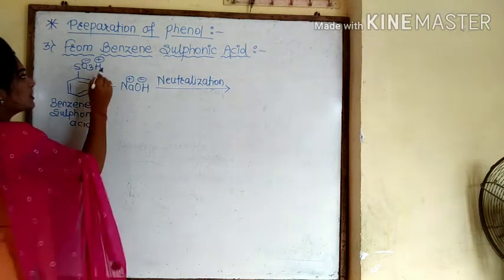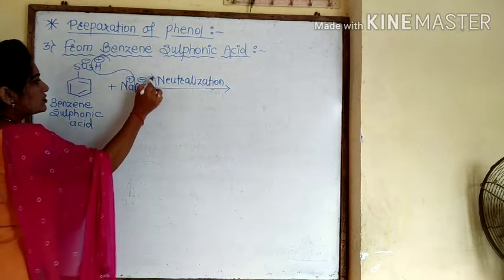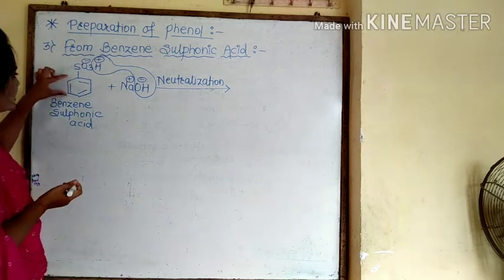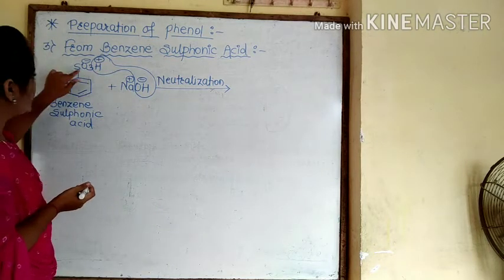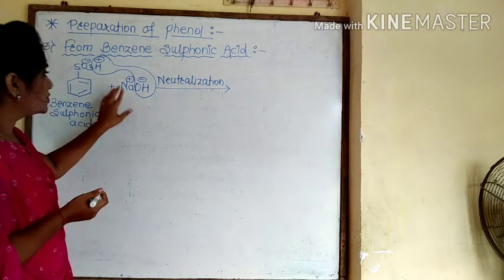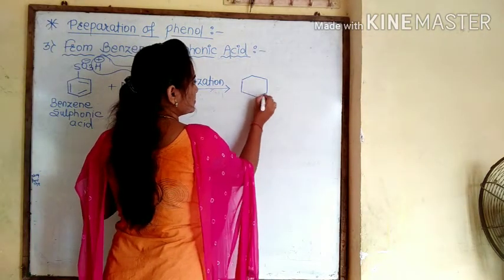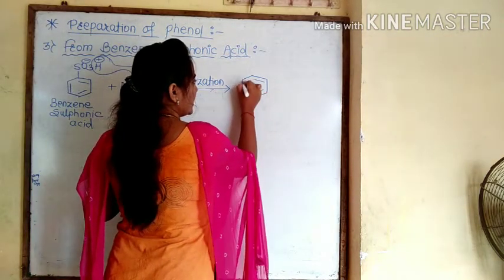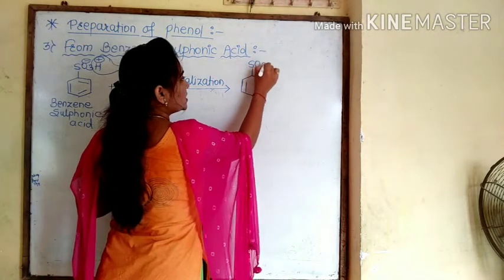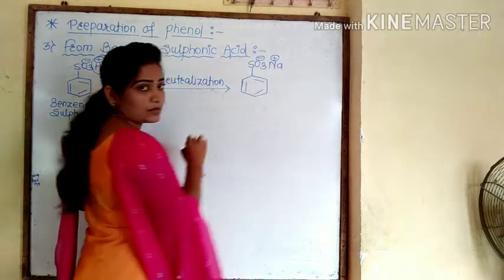So here H positive and OH negative are lost, the H2O molecule gets removed, and we get the benzene ring as it is, with SO3 negative attached to the sodium positive. Like this, the benzene ring as it is, here SO3Na, that is SO3 negative and sodium positive.